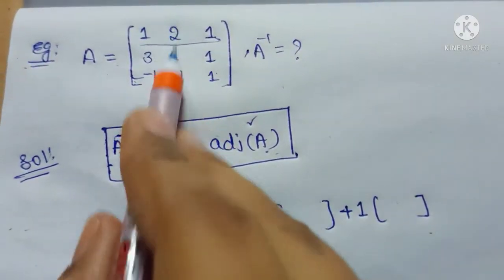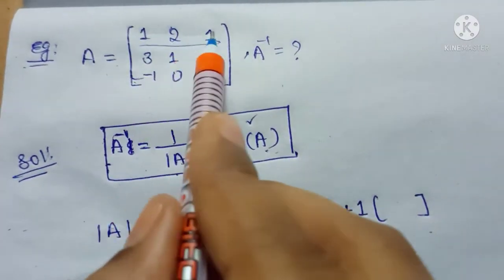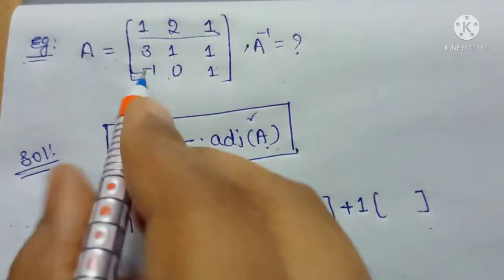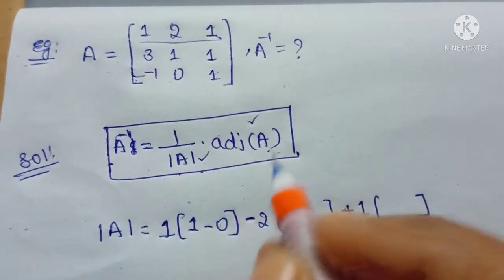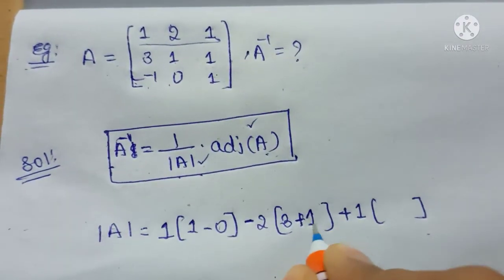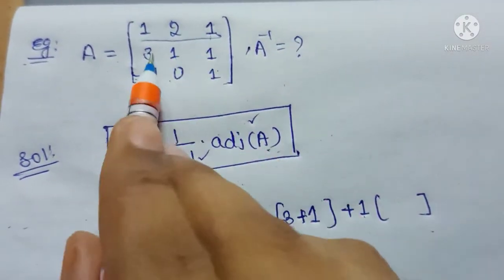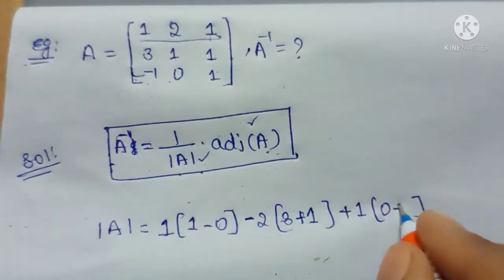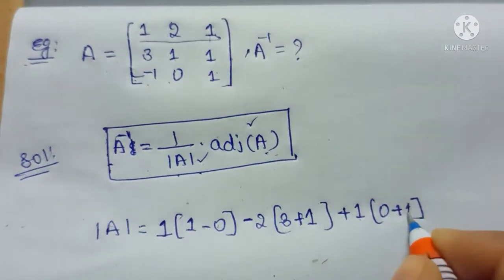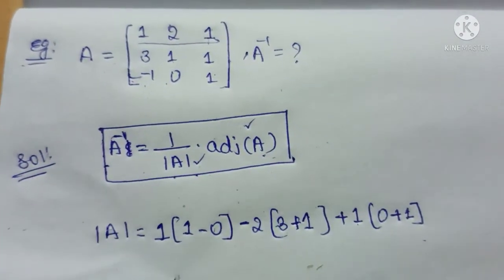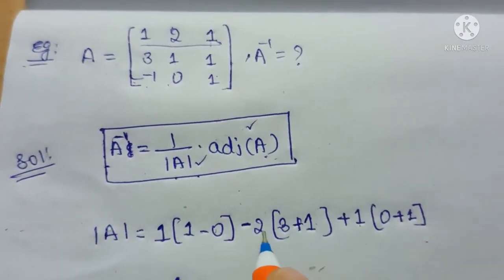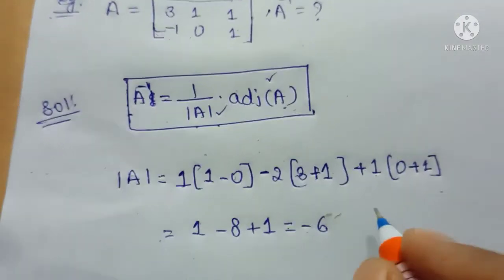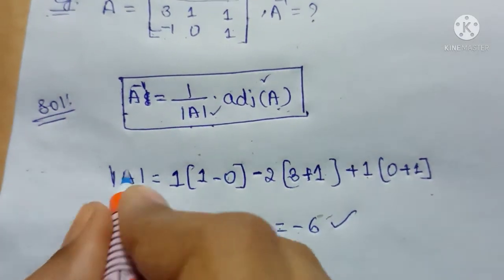For 2, closing its row and column, 3 into 1 is 3, minus, minus, plus, so AD minus BC: 1 into 1 plus 1. For the last 1, AD is 3 into 0, minus, minus, plus 1 into 1. Now we get 1 minus 3 plus 1, so 4 into 2 is 8, plus 1, equal to minus 6. We get det of A.